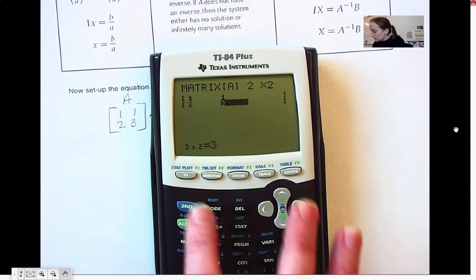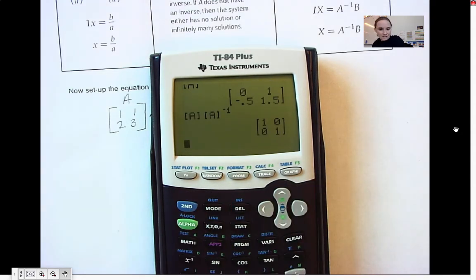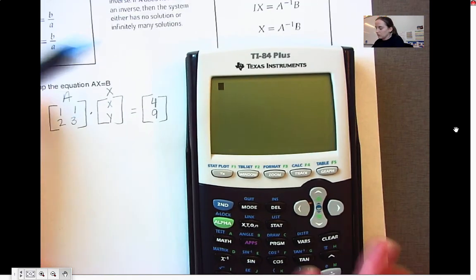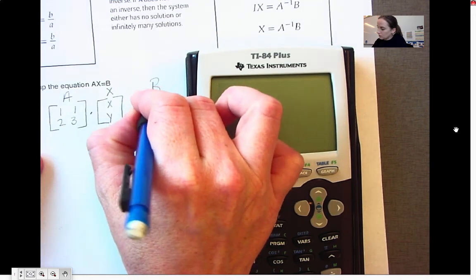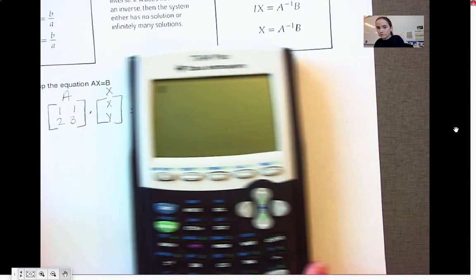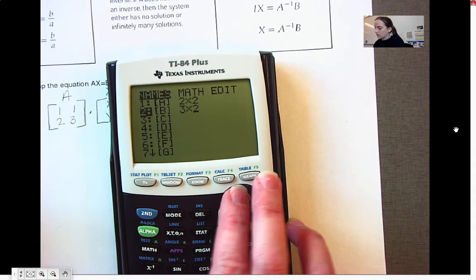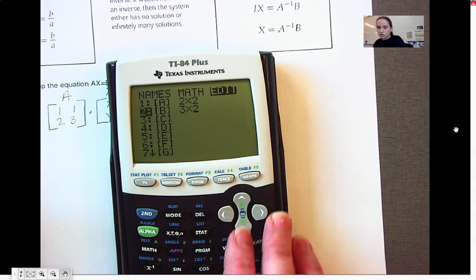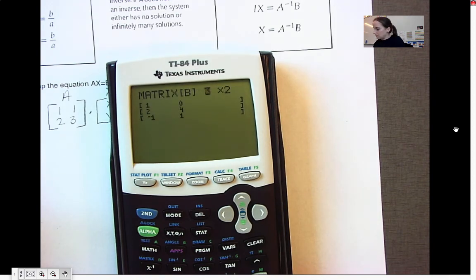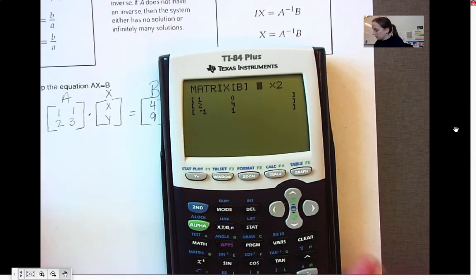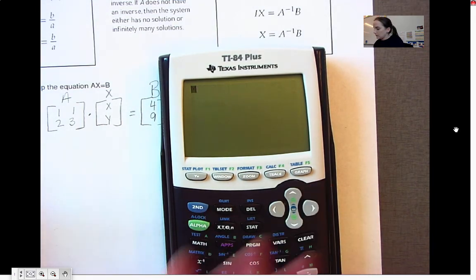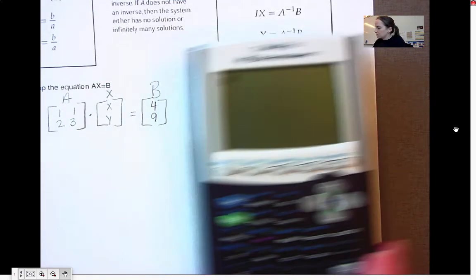We do not need a matrix X. Okay, we don't need a matrix X, but we do need a matrix B. Go over to edit matrix B. It is a 2 by 1. 4 and 9.